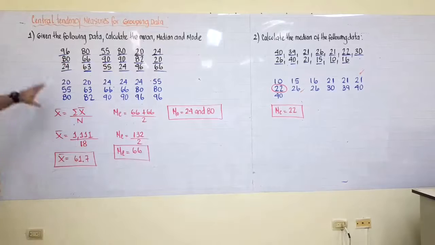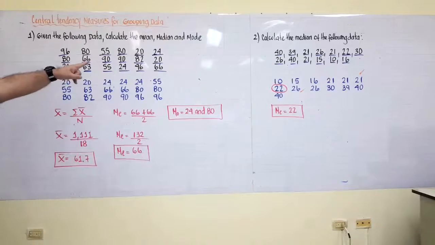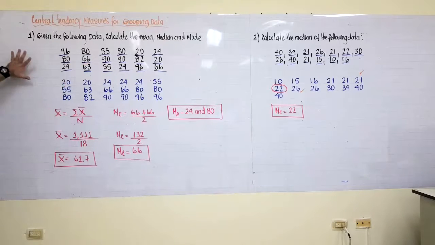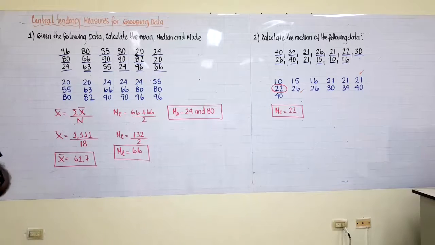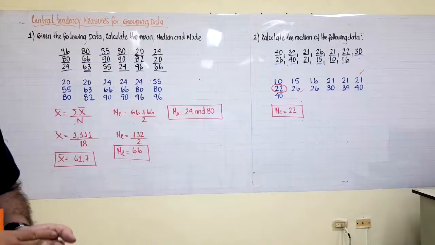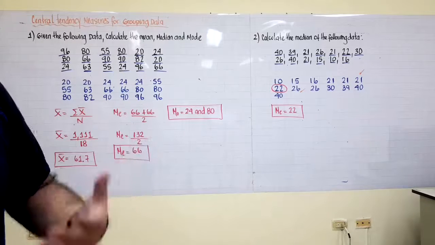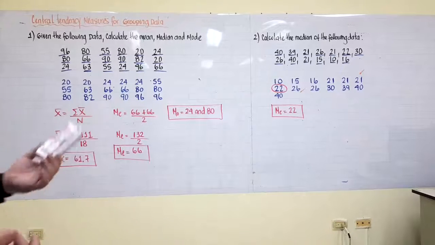And I'm going to erase problem number 2 and use this example, but this time we're going to start from this ordered data. And I'm going to explain how to calculate the mean, the median, and mode for grouping data.